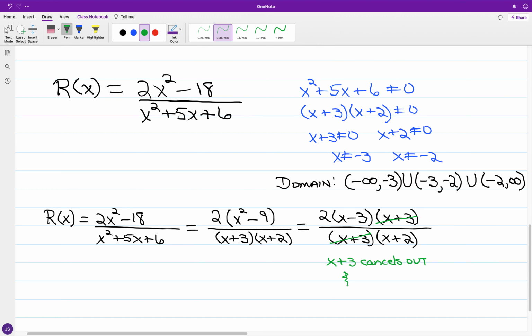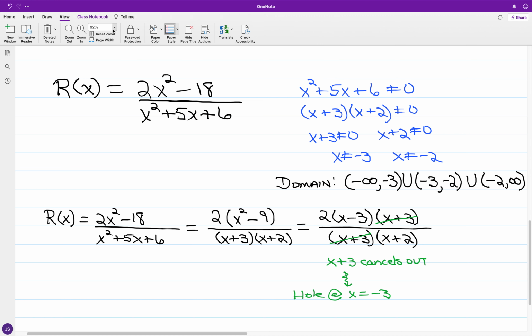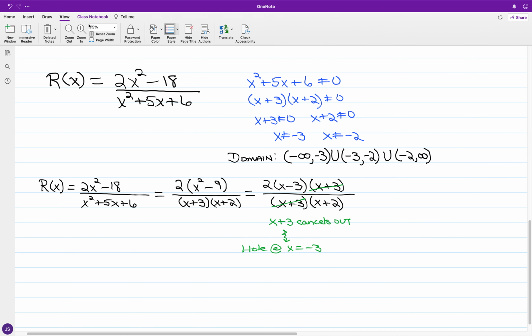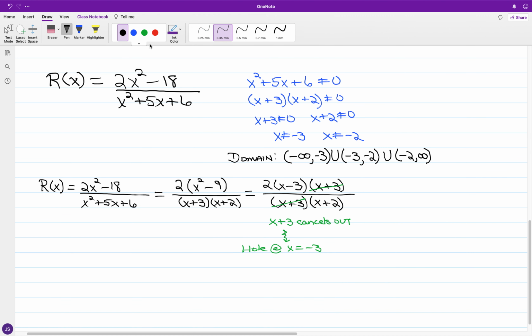So this is going to signify that instead of a vertical asymptote, there is going to be a hole at x is equal to negative 3. Then for the simplified form, you could distribute 2 over the quantity of x minus 3, or just leave it in factored form.